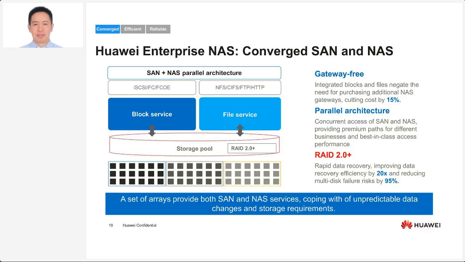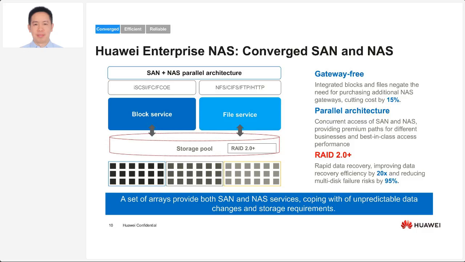It's already built into the system, with a parallel architecture as well. Both the block system, which is SAN, and the file system, which is NAS, provide a premium path for the different businesses for best-in-class access performance.